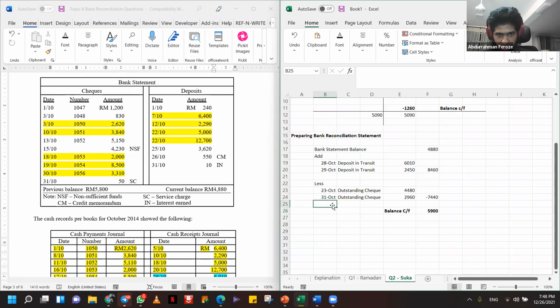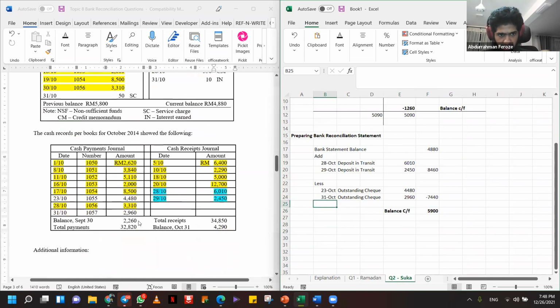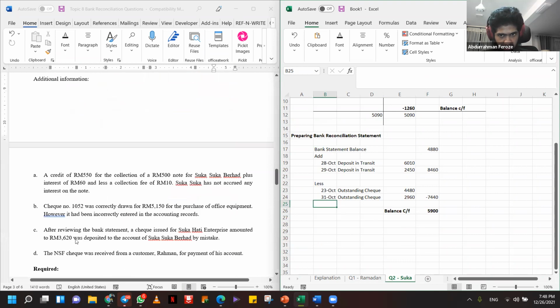Oh yeah, there's a bank error also, right? How much is the bank error? 3,620. Yeah.